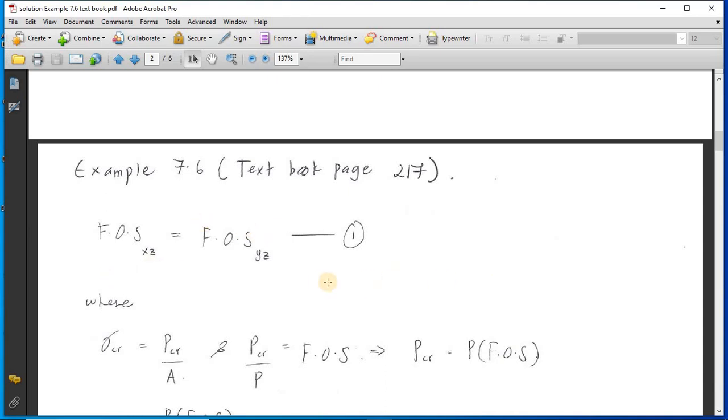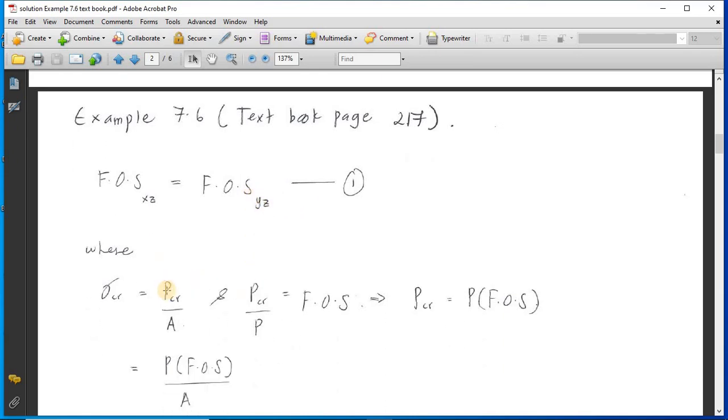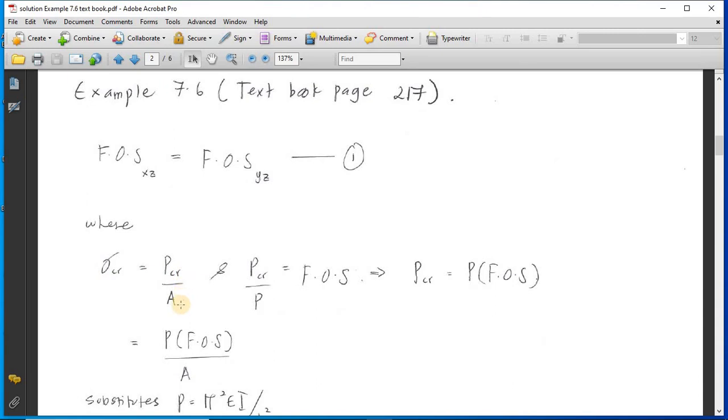We denote this as equation 1, where the FOS in the XZ plane is equal to the FOS in the YZ plane. We will detail out this equation, since we want to find the dimensions of the column, which are referred to as B and D. We know from a previous lecture that the critical buckling stress is equal to PCR divided by A, the critical buckling load divided by the area.